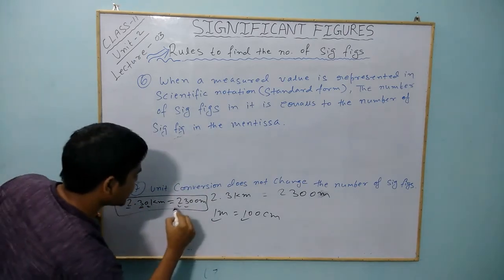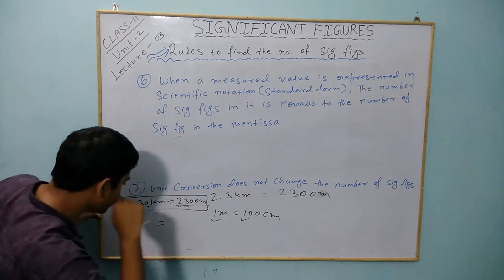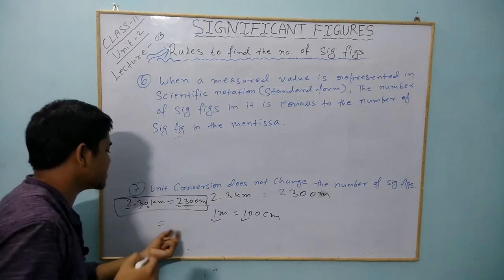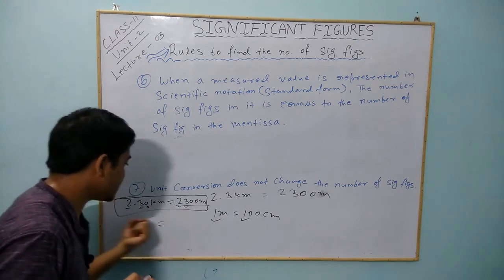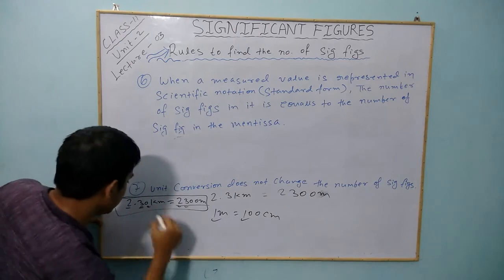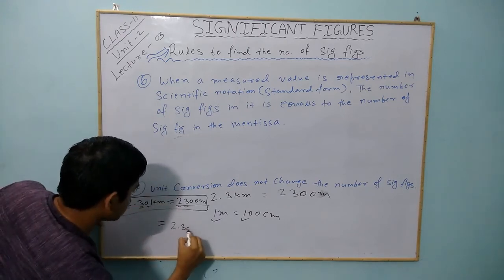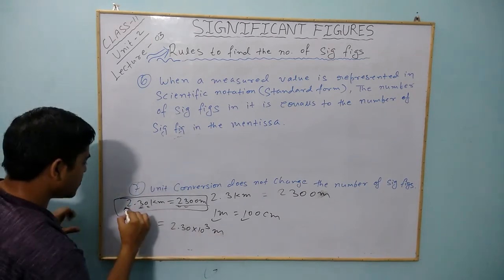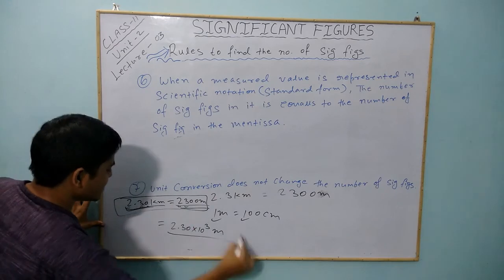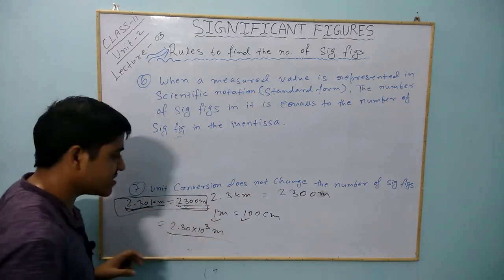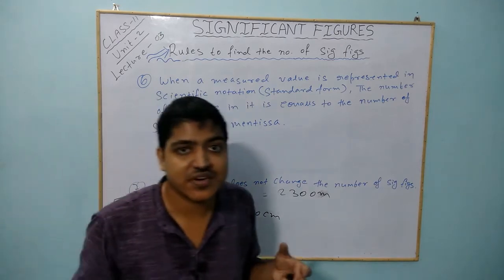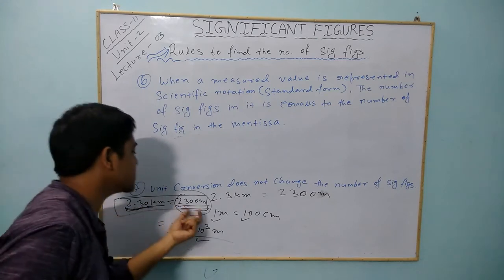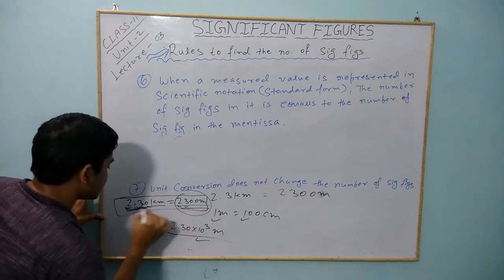So instead of writing it as 2300 meters, we would write it in the standard form, to make the number of significant figures 2 even after the conversion of unit. So I can write it as 2.30 × 10^3 meters, right? Now mathematically all of these are equal, but from the point of view of significant figures, this is equal to this, not this. 2.30 kilometers is not equal to 2300 meters because the number of sig figs is 3 here and 2 here.